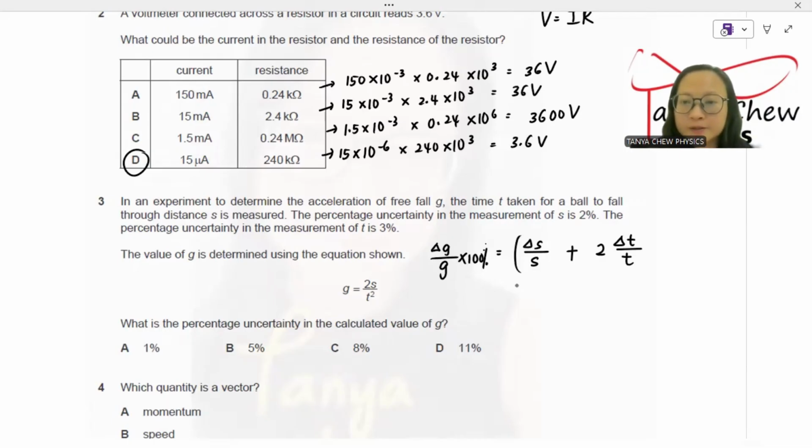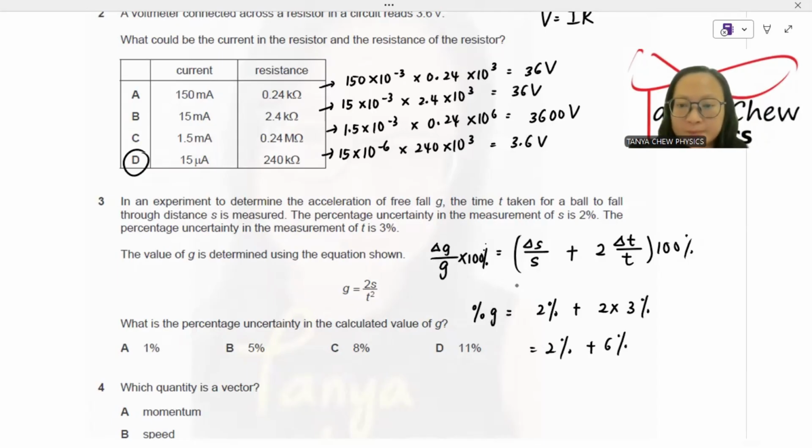So multiplies by 100%. This is the percentage uncertainty of g. Delta s over s times 100%, that is the percentage uncertainty of s, which is 2%, plus 2 times the percentage uncertainty of t, which is 3%. So that is why this is 2% plus 6%. That gives you 8%. The answer is C.